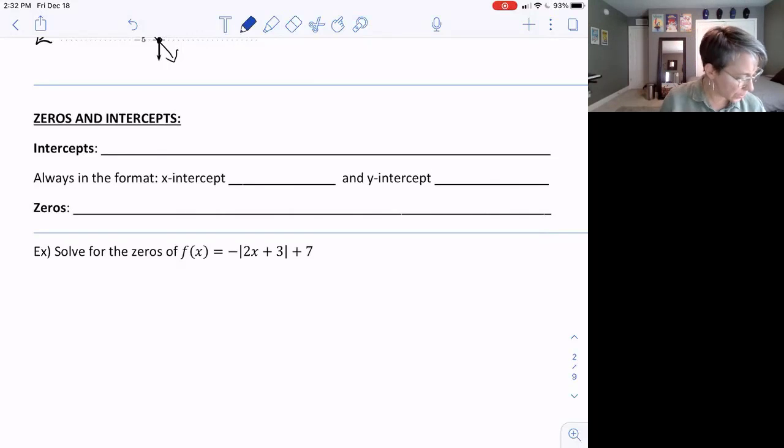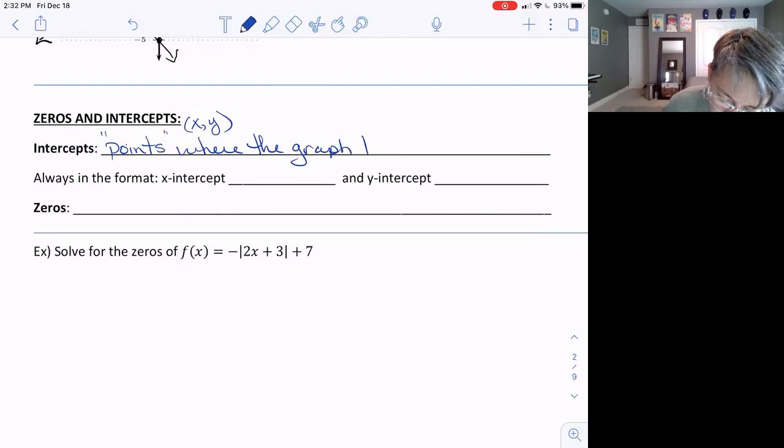So remember, intercepts are points. And when we say points, it's got an x value, y value, an input and an output, where the graph touches or crosses an axis.